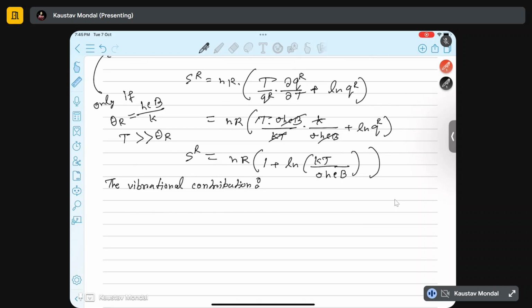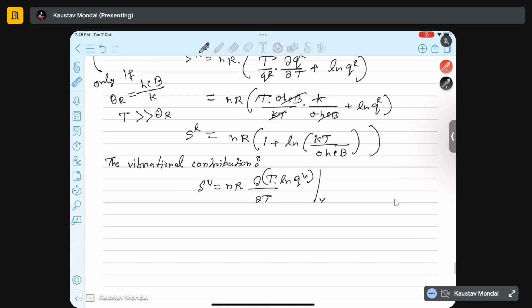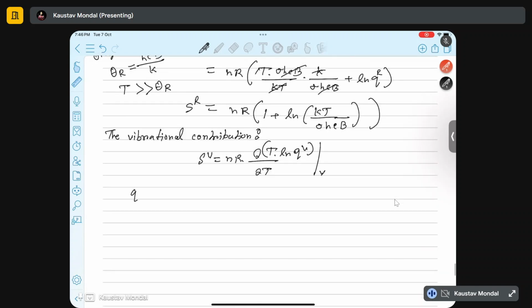So the vibrational contribution to the entropy is simply written as SV, that is NR into del T of T into ln of Q vibrational, at constant volume, right? Now here the QV, the vibrational partition function, is given by this expression, 1 by 1 minus e to the power minus hc nu tilde by kT.